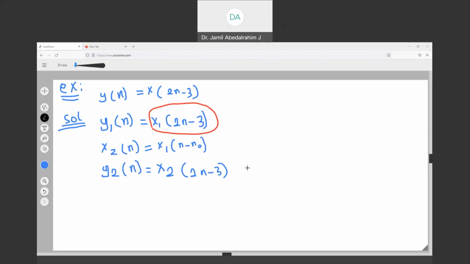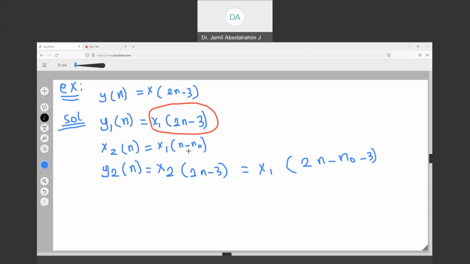So it would also be x2 equal to x1 of 2n minus n naught minus 3. That means x2 of n is the x1 of n minus n naught.